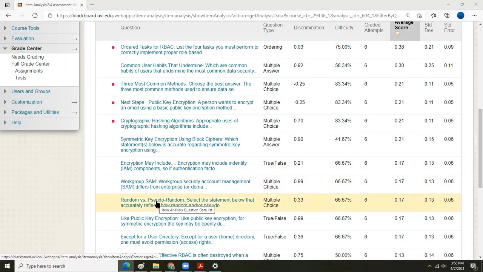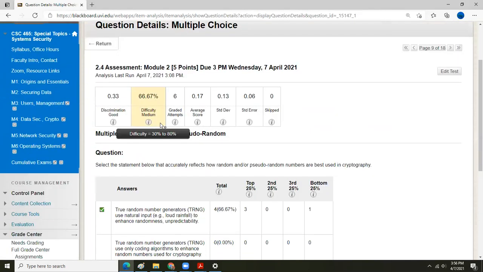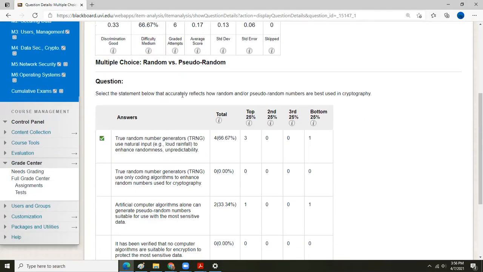Let's talk about random and pseudo-random numbers, and then we'll try to finish up the rest quickly. Select the statement below that accurately reflects how random and/or pseudo-random numbers are best used in cryptography. The way to keep this simple is to understand that natural random numbers are ideal. The problem is that it's very difficult to collect natural random numbers.